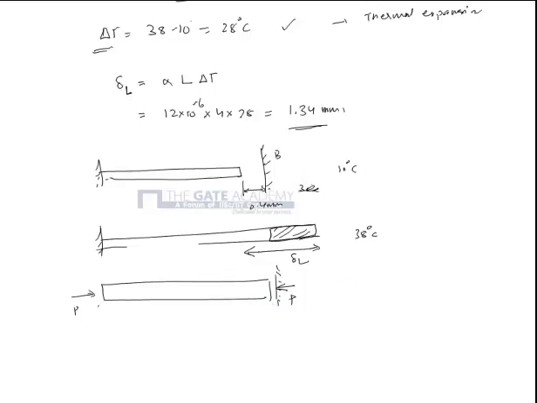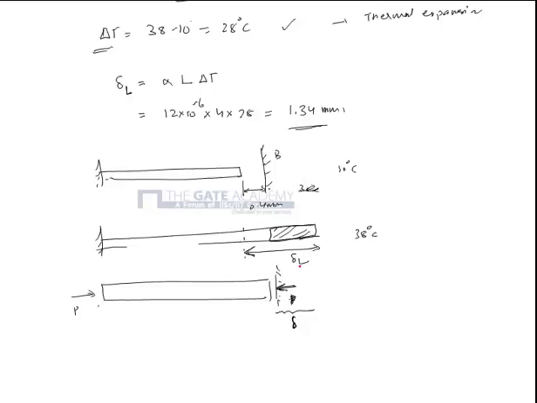Now, the force has to be developed in the steel rod because of support B. So how much is this? We can visualize that delta L is the expansion due to temperature, but it can expand only 0.4 mm.